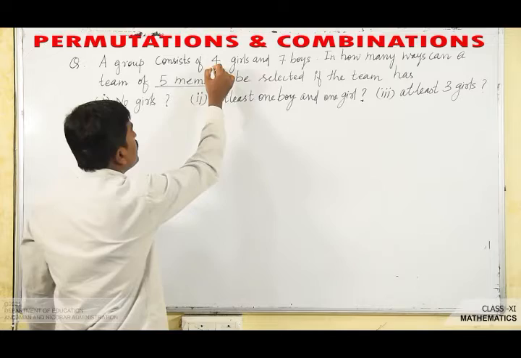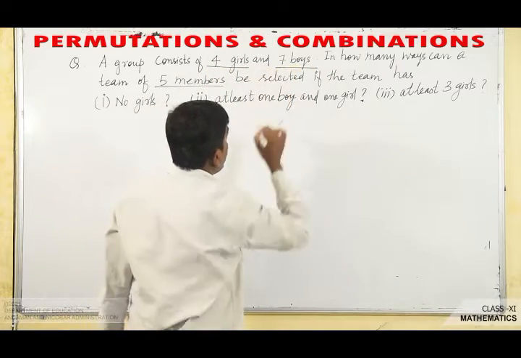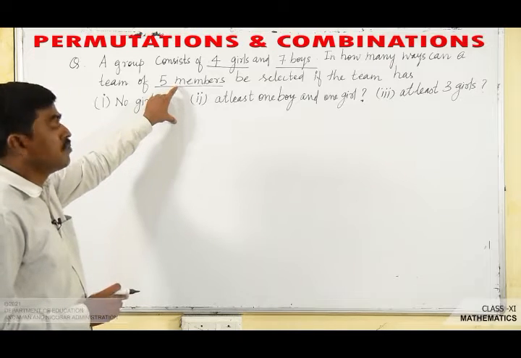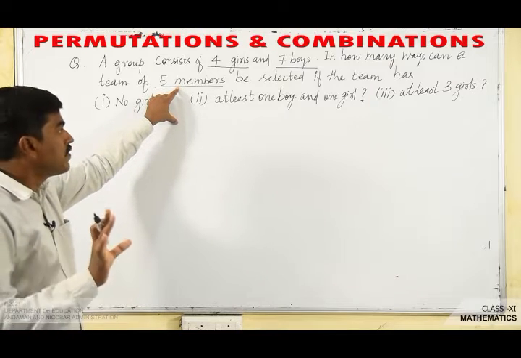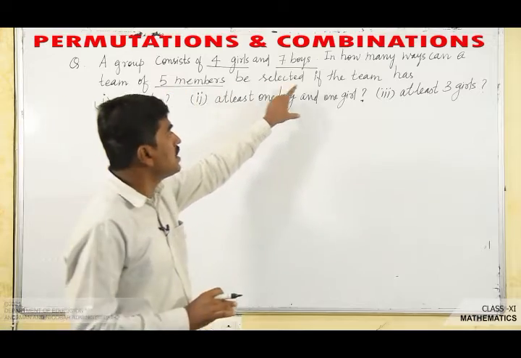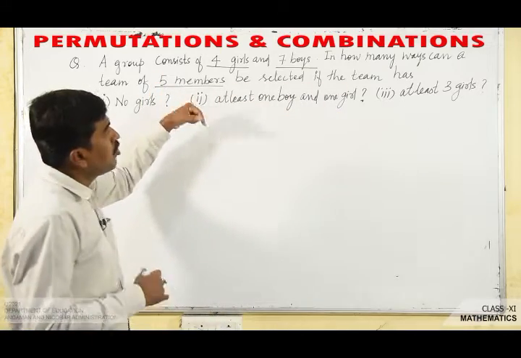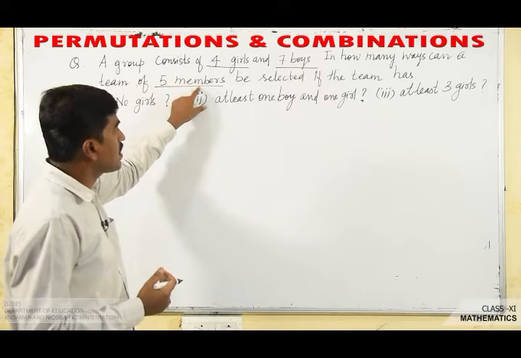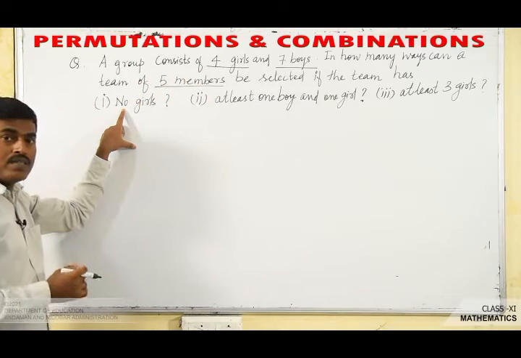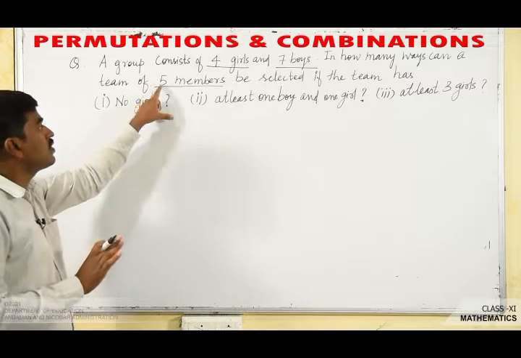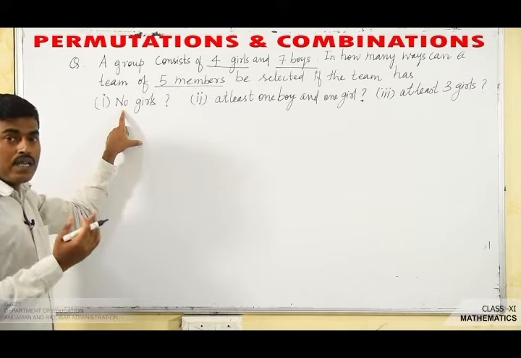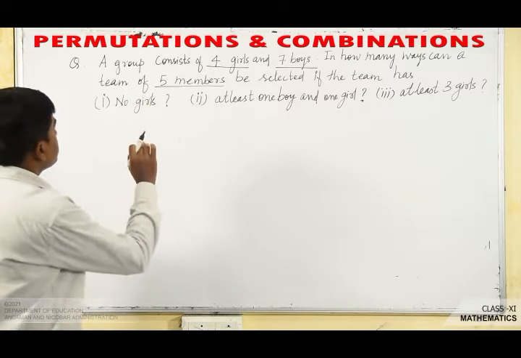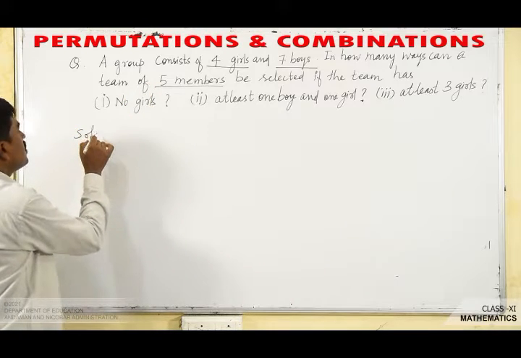Now we have to form a team of 5 members, and the condition is given. In how many ways can it be done if, number 1, there is no girl. That means out of these 5 members no girl is selected. Okay, so let us see the solution.